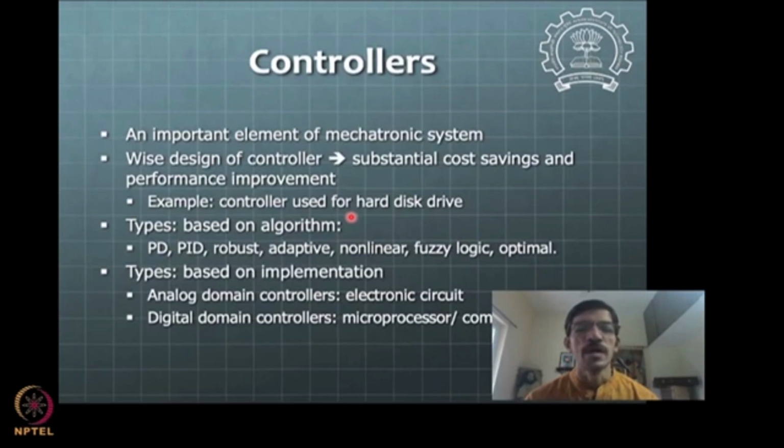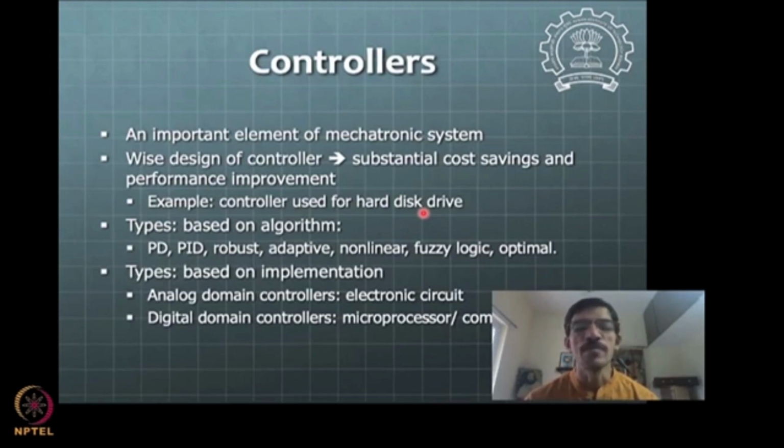Okay, see controllers, for example, used in hard disk drives. Okay, they have been designed to perform really well, which will not demand a lot of investment into the sophisticated nature of the arm that is there for the hard disk drive.